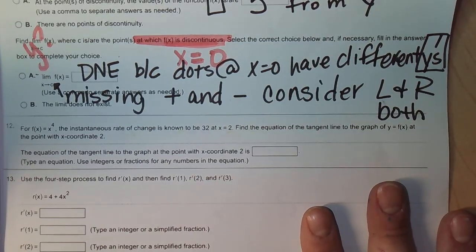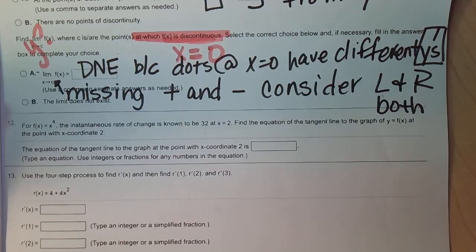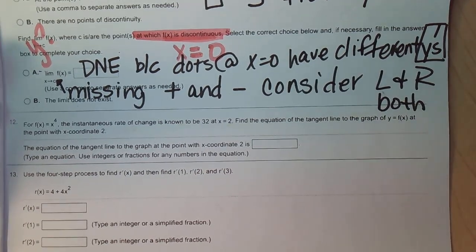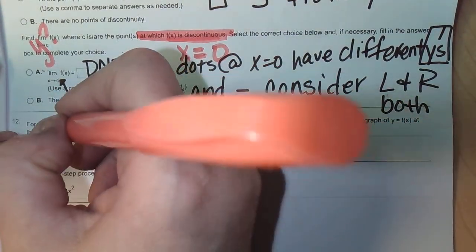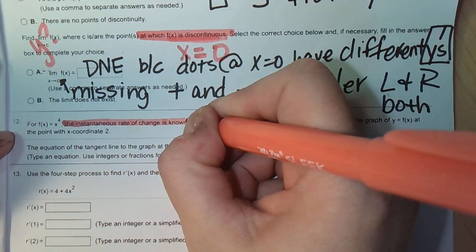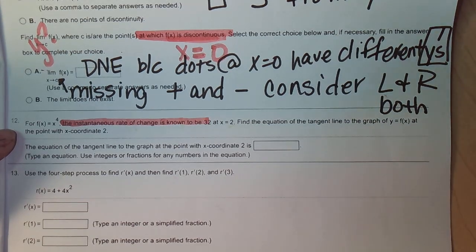Number 12. It says for x to the 4th, the instantaneous rate of change is known to be 32 at x equals 2. Okay. Instantaneous rate of change. Yeah. That's called the slope.